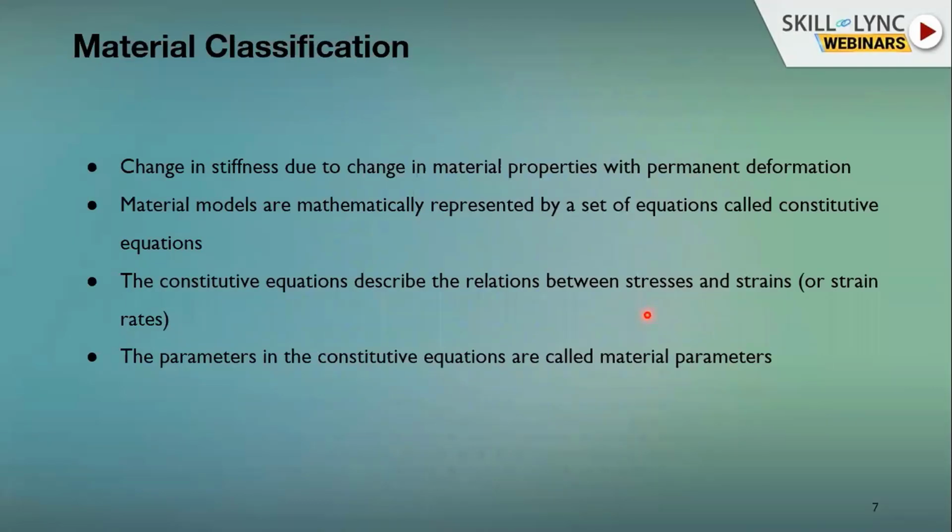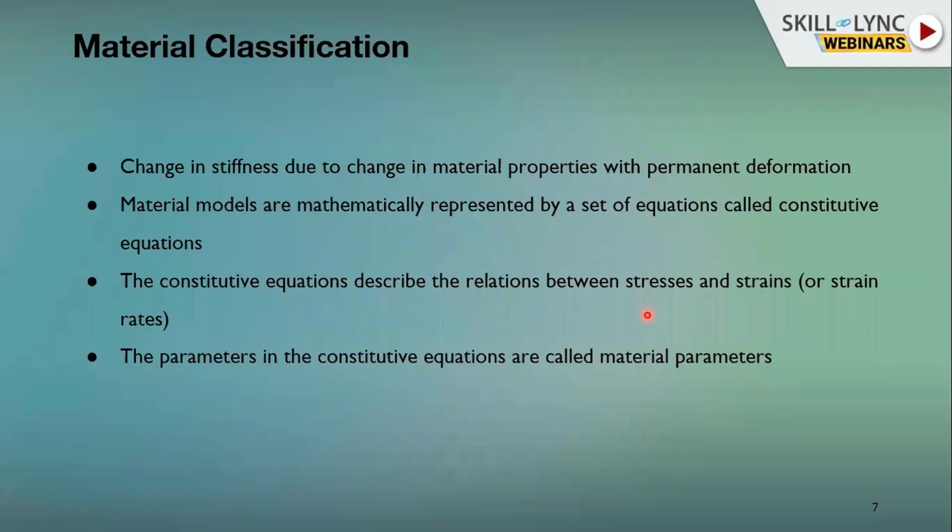So the materials are classified based on various parameters. As you all know, when you subject the load, the material properties are going to behave in a very different manner, which means the material properties, let's say your Young's modulus, and obviously other parameters like toughness, rigidity, all get affected because they keep changing.